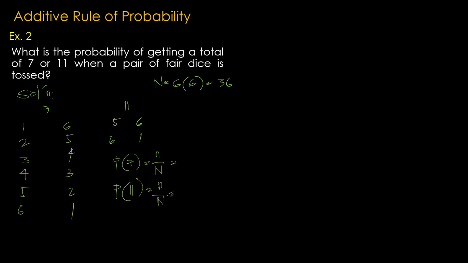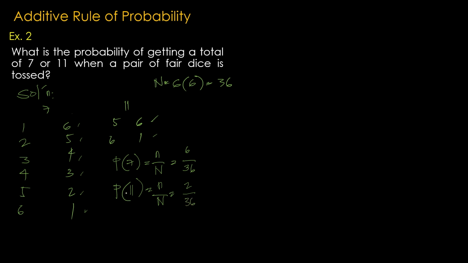How many possible outcomes are there in which we can get 7? That would be 1, 2, 3, 4, 5, 6, so 6 over 36. How many outcomes correspond to getting an 11? That would be 1, 2, so 2 over 36.